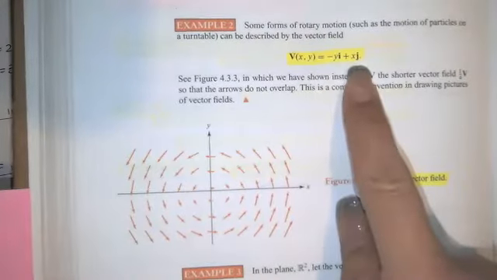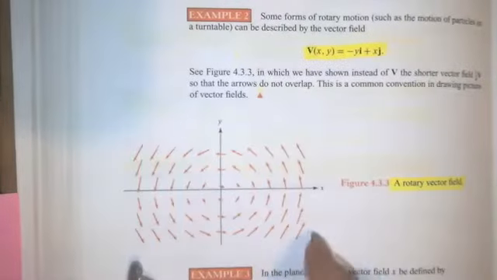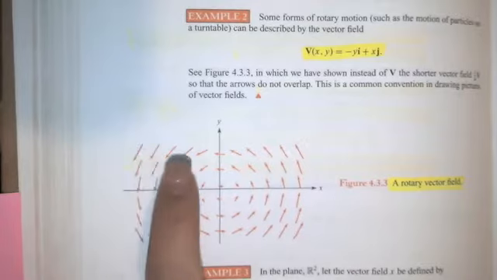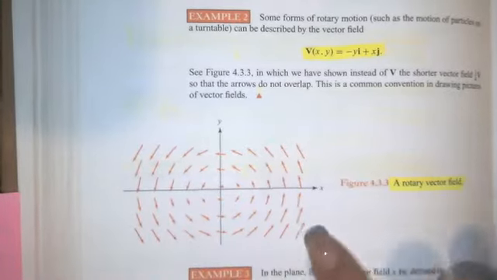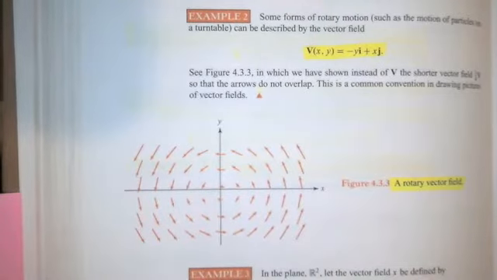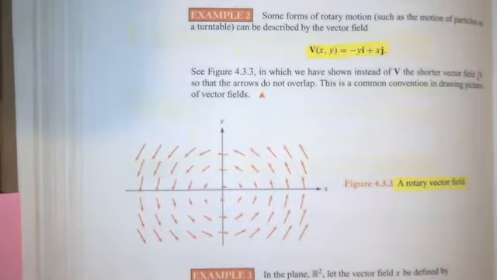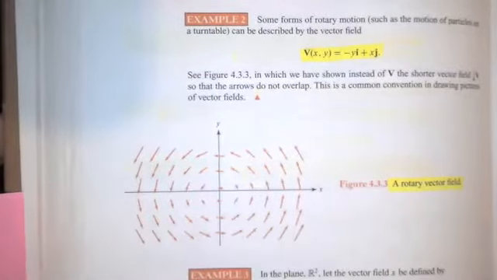Negative y times i hat plus x times j hat. Here's my picture. I only had 7 vectors, but if I was able to draw more vectors quickly, I could draw something like this. See how many calculations we would have to do. 11 times 6 rows. We'd have to do 66 little calculations and then sketch 66 little vectors. No thanks. I think we get the idea. But this is what that field looks like.